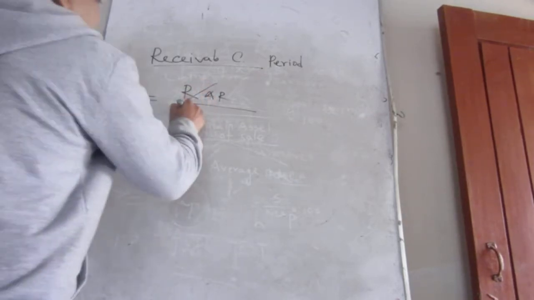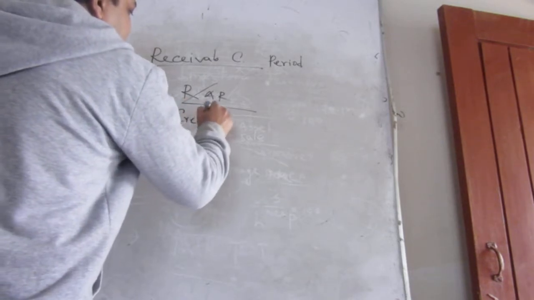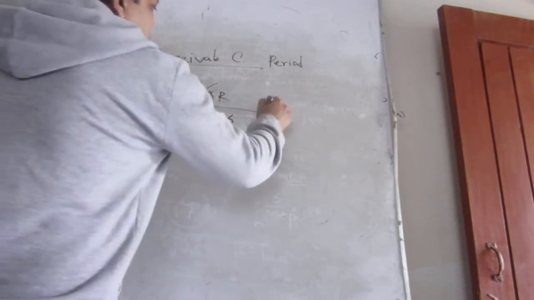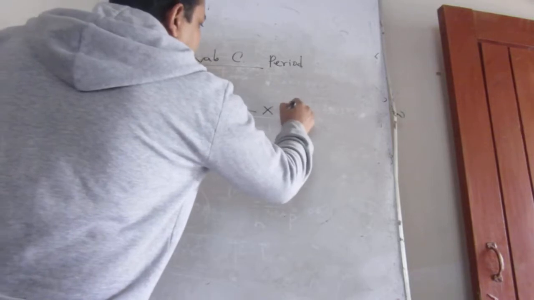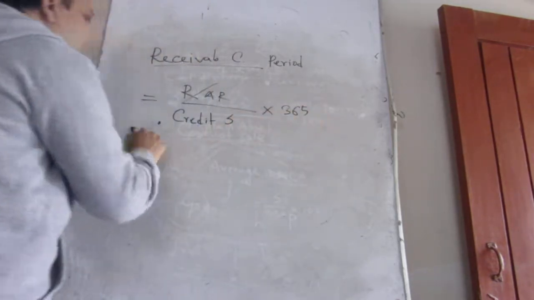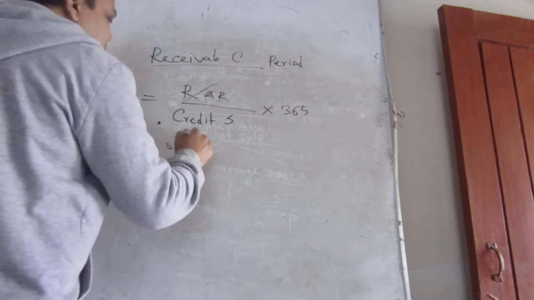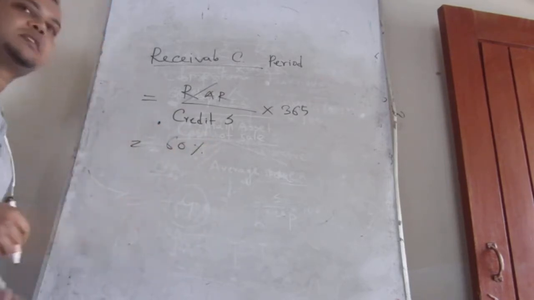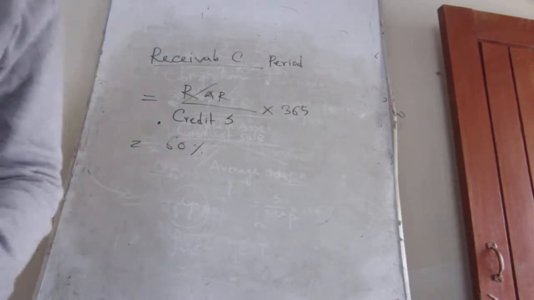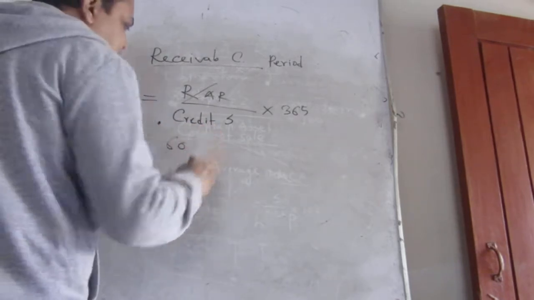To credit sale into 365, it will also provide you the days. Suppose as for example 60 days. What does it mean?